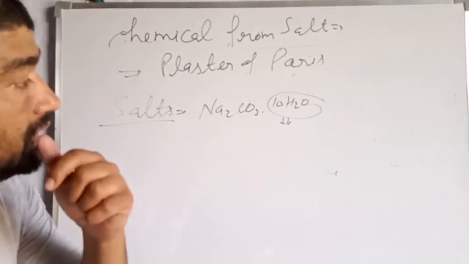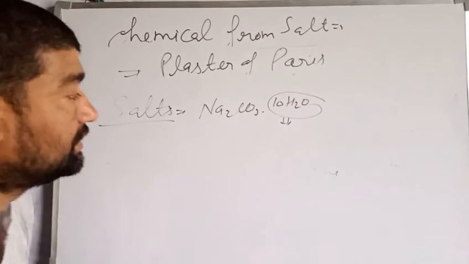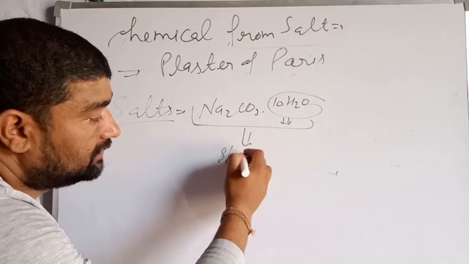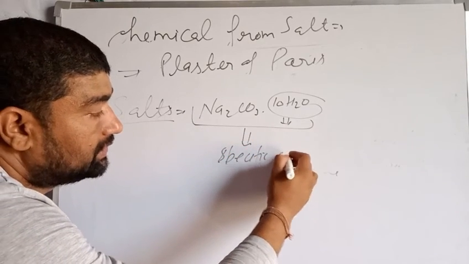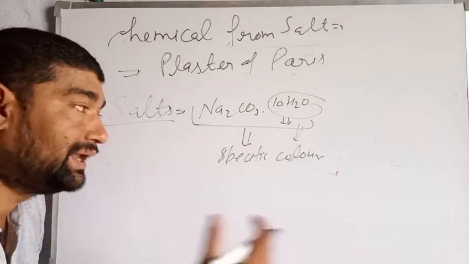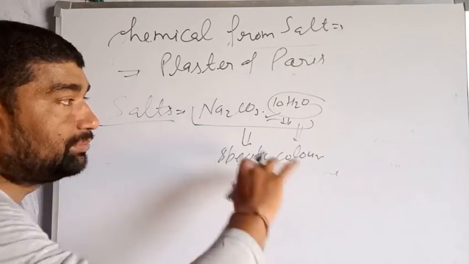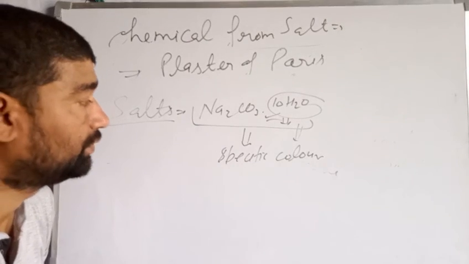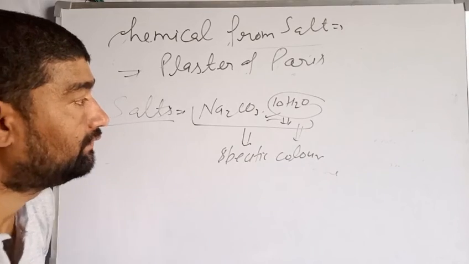That means the salt has its specific color because of this water. If you heat it, the water will disappear and the salt will become a colorless substance. So this part is called water of crystallization.